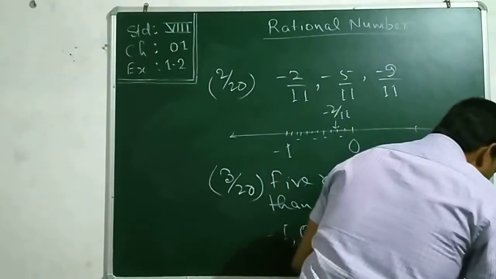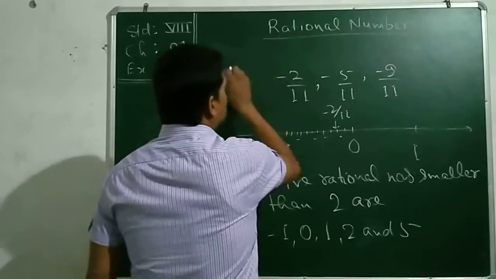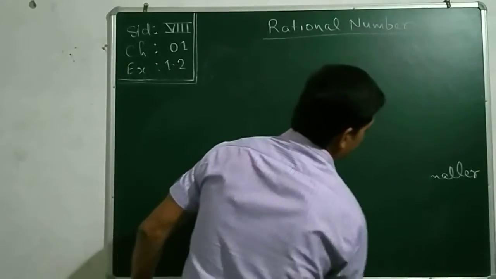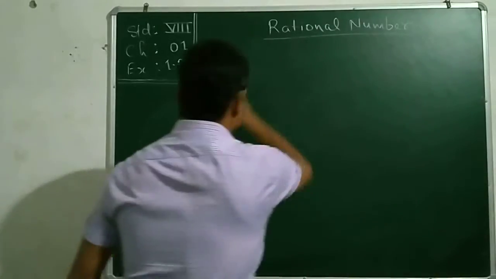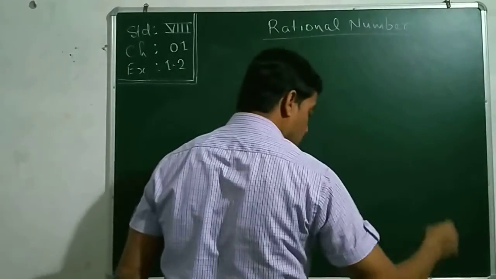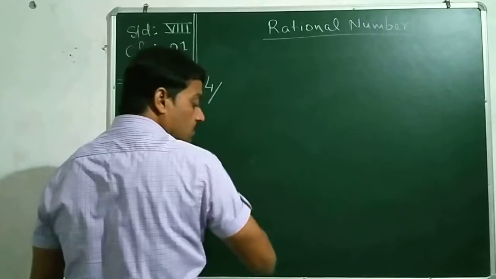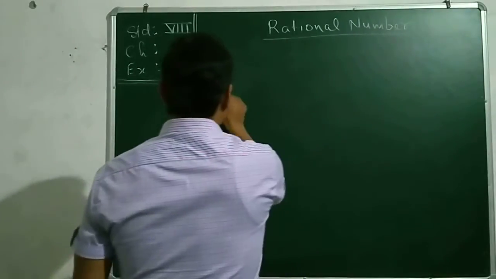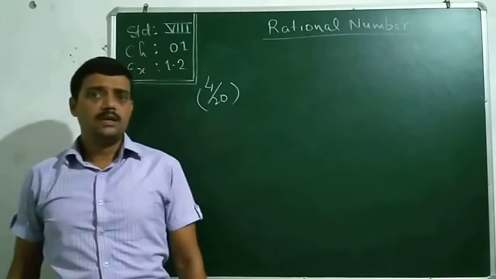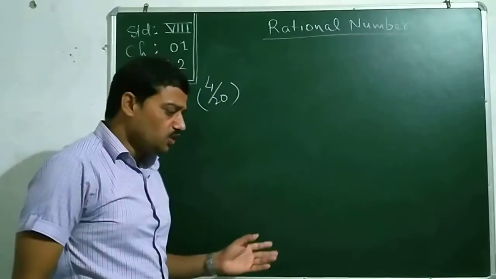That is, find 10 rational numbers between minus 2 by 5 and 1 by 2. To find the rational numbers between two given rational numbers, I am explaining the sum to you.